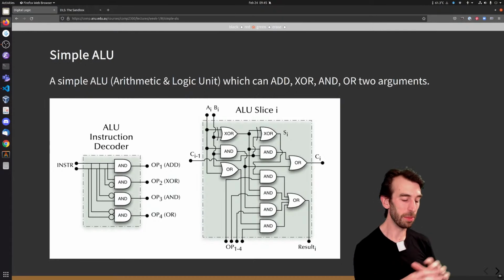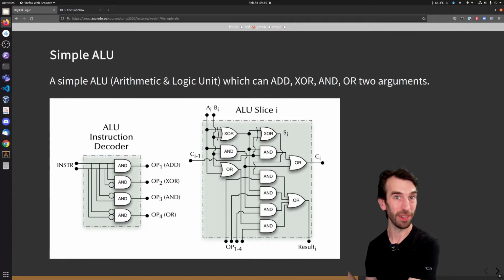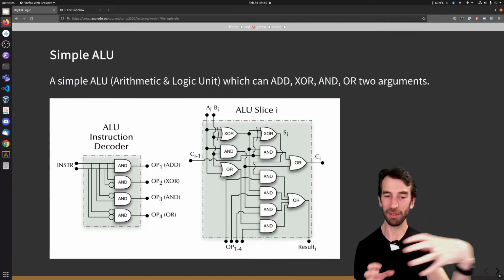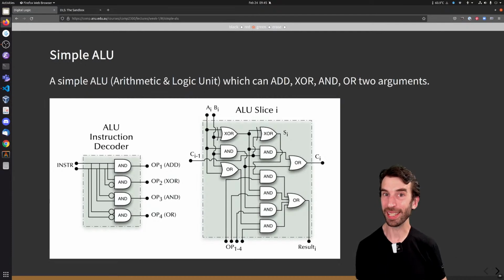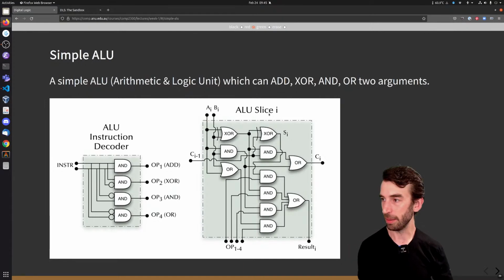We're not making a machine just for adding, a machine just for doing ANDs, a machine just for doing XORs. There's one big machine which can do all of these things at once, and you can change it in different modes. So that's what an ALU is doing. And this is just going to deal with 1 bit. So that's why it's called ALU slice I. It's just 1 bit of an ALU circuit.